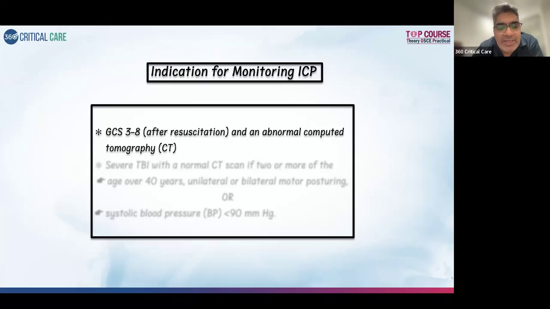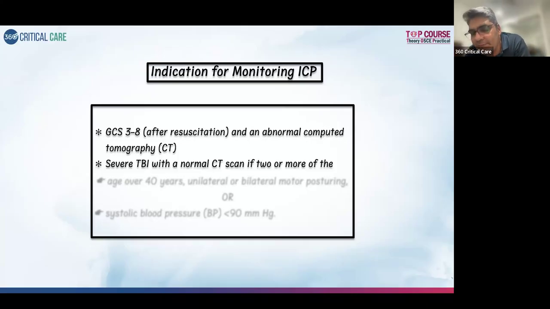So 3 to 8 GCS and abnormal CT brain with severe TBI. So this patient has an abnormal CT brain and a low GCS. They will have an ICP monitor straight away.